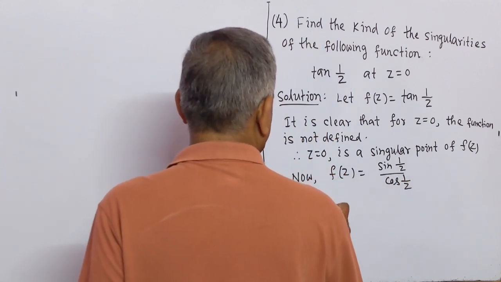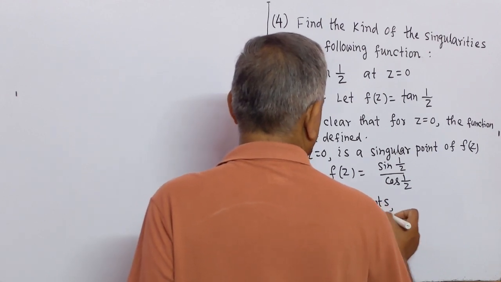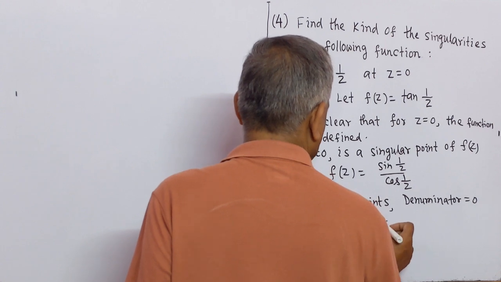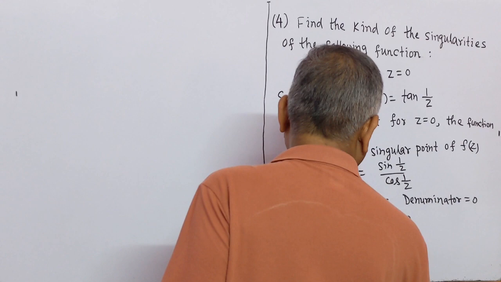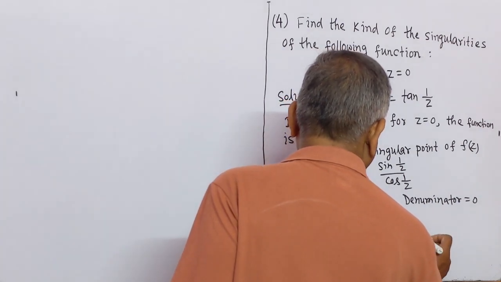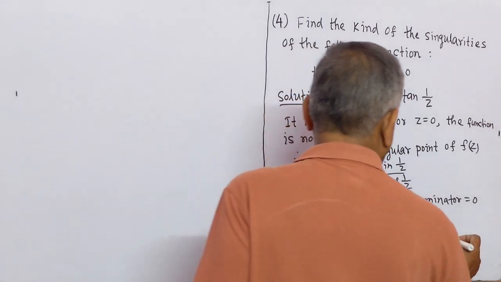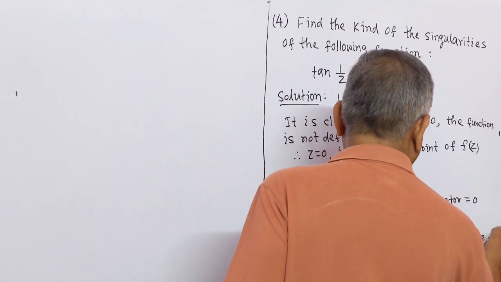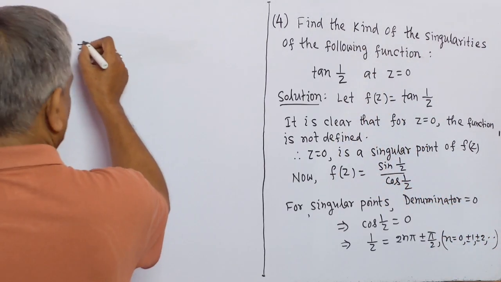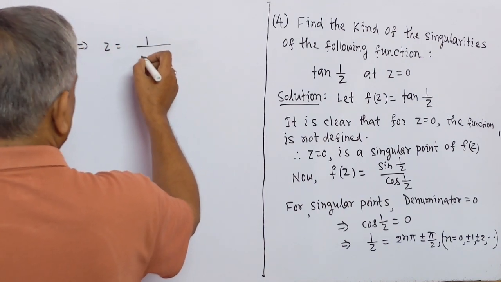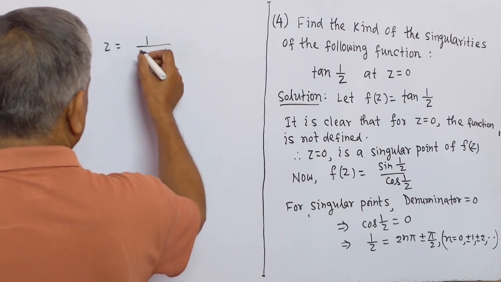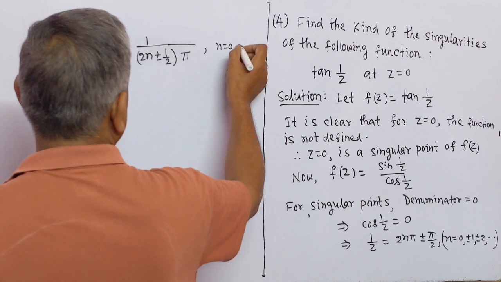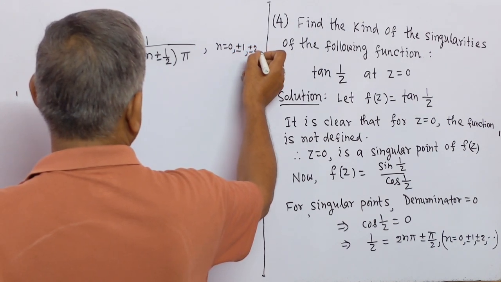For singular points, denominator equal to 0 implies that cos 1 by z equal to 0 implies that 1 by z equal to 2n pi plus minus pi by 2, n equal to 0, plus minus 1, plus minus 2, and so on. This implies that z equal to 1 by (2n plus minus half) pi, n equal to 0, plus minus 1, plus minus 2, and so on.